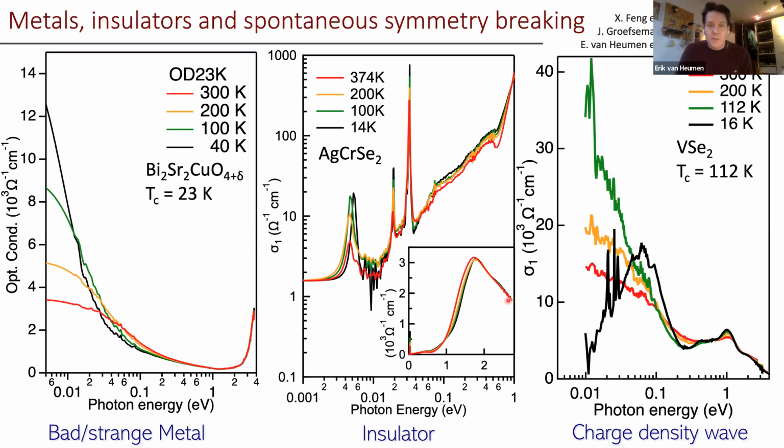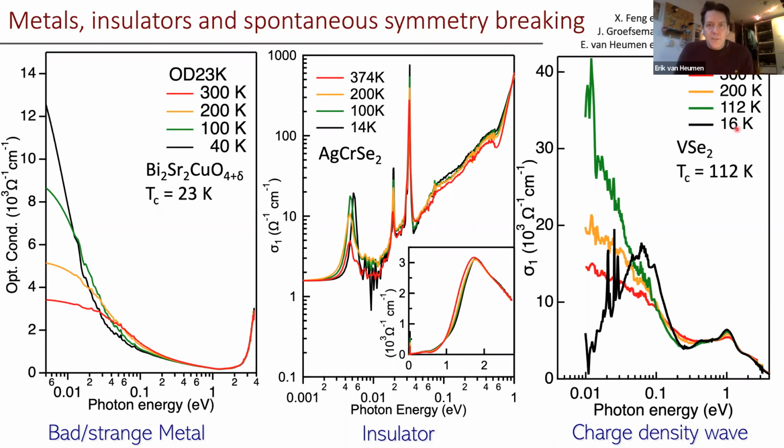And this is what gives rise to the silver color that you see with your own eyes if you look at this material. But the important thing is that there is a gap here that you can see in the optical conductivity. And then beyond that, there is a peak which is due to interband transitions.